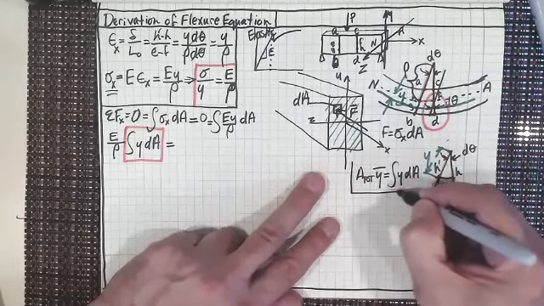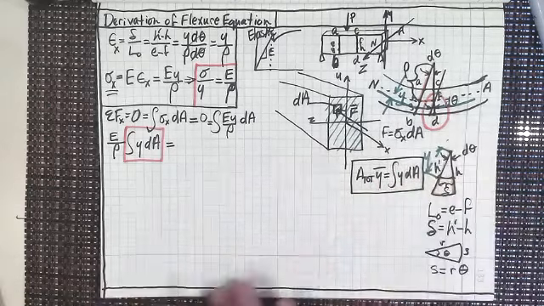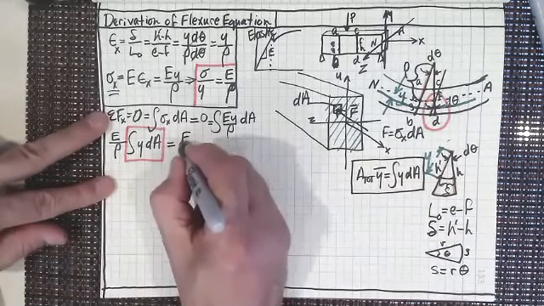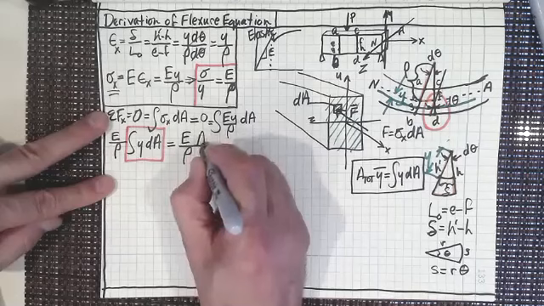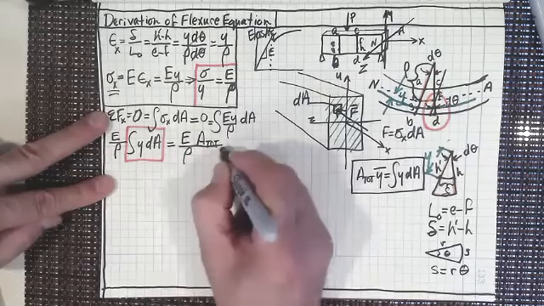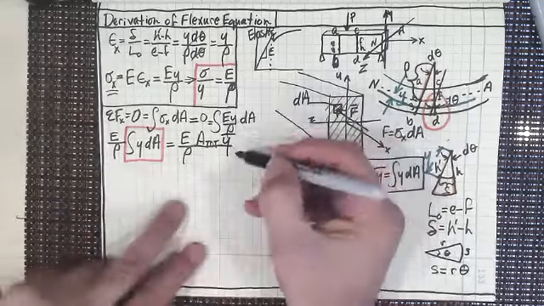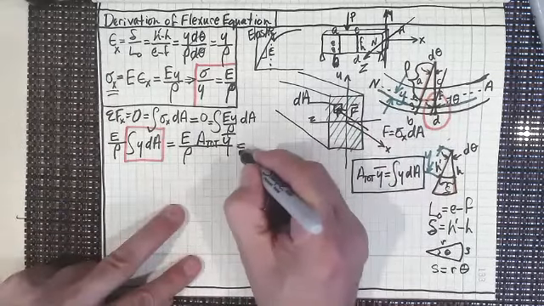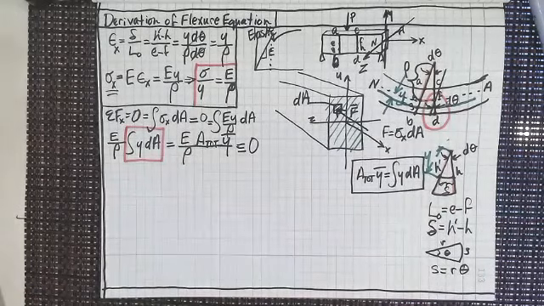That is our relationship, isn't it? So can't I say that E over rho times the total cross-sectional area times y bar has to equal 0? Yes, I can say that.